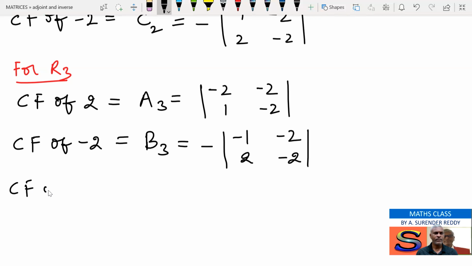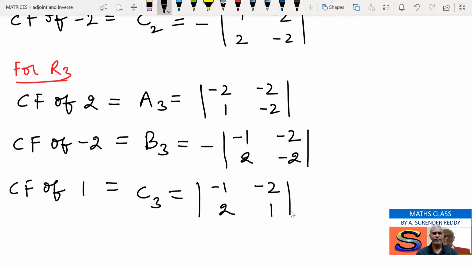And cofactor of the last element 1, name it as C3. It is in R3 and C3. Eliminating R3 and C3, the remaining 4 elements are -1 -2 2 1. Okay.